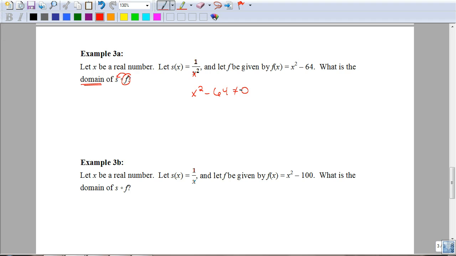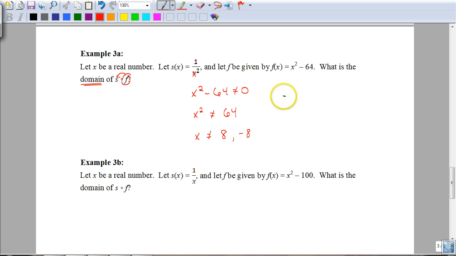So let's solve this. If I add 64 to both sides, I get x squared can't equal 64. Now what two numbers would I square to give me 64? Well, if you said 8, you're only half right, because negative 8 would also not work, because negative 8, when I square that, also gives me 64.